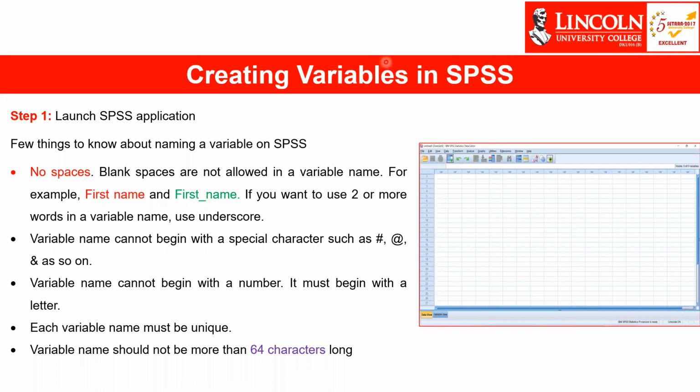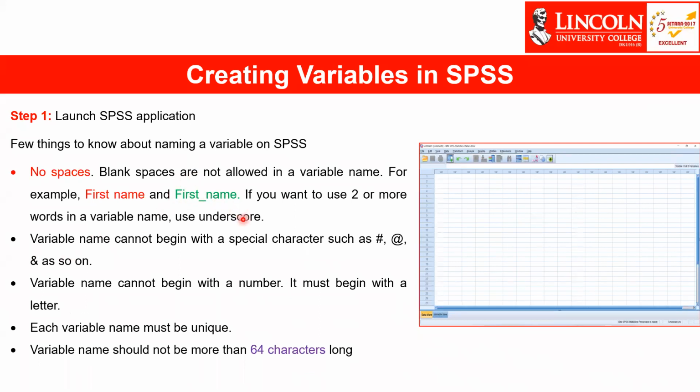Another condition you have to put into consideration is that a variable name cannot begin with a special character. Special characters include file, hearts, ampersand symbol, and so on. So you cannot say something like heart first name, or file first name, or ampersand first name, or equality first name.